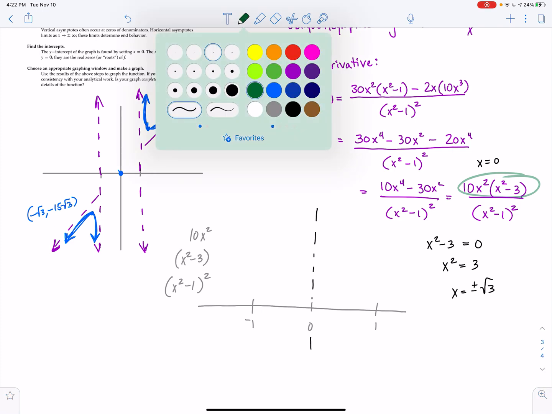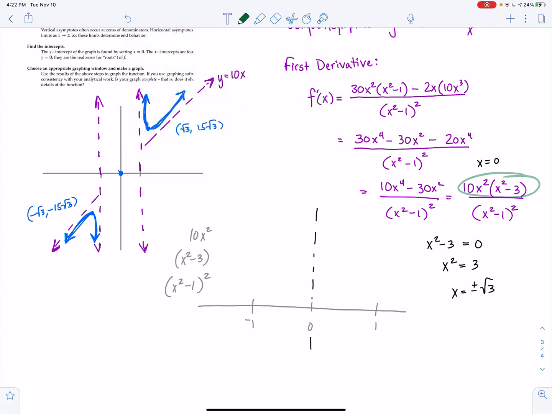The way we do this, we look at the sign of 10x squared. 10x squared is going to be a positive function. Its y values are positive everywhere except at x equals 0. All right? And the same thing with the denominator of the function. That is going to be positive everywhere except at the asymptotes.